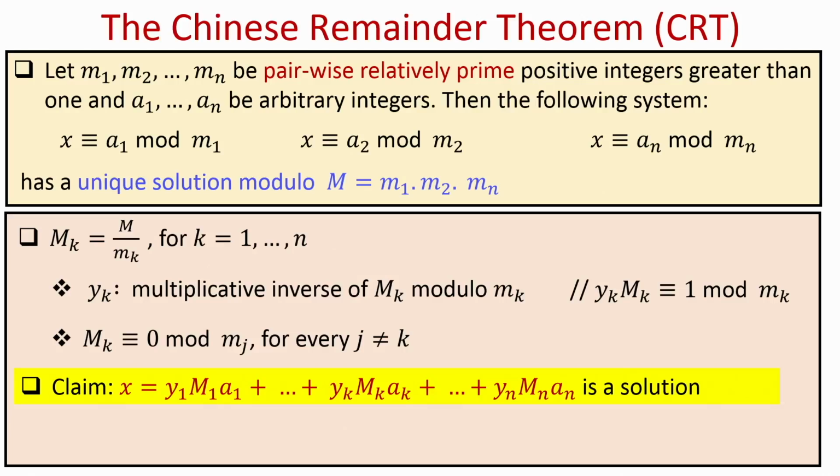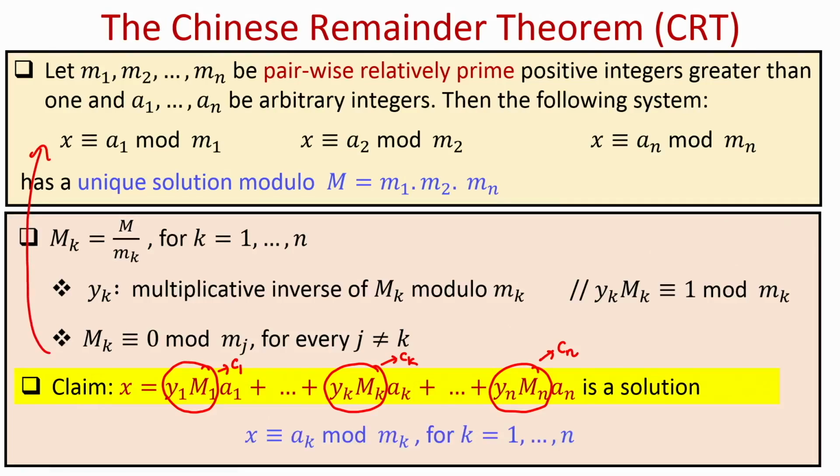So, my claim is that if I take this linear combination of the n remainders, namely y 1 times M 1 times a 1, and so on, this is my first linear combiner, this is my kth linear combiner, and this is my nth linear combiner. My claim is that this value of x is indeed a solution for this system of linear congruences, okay.